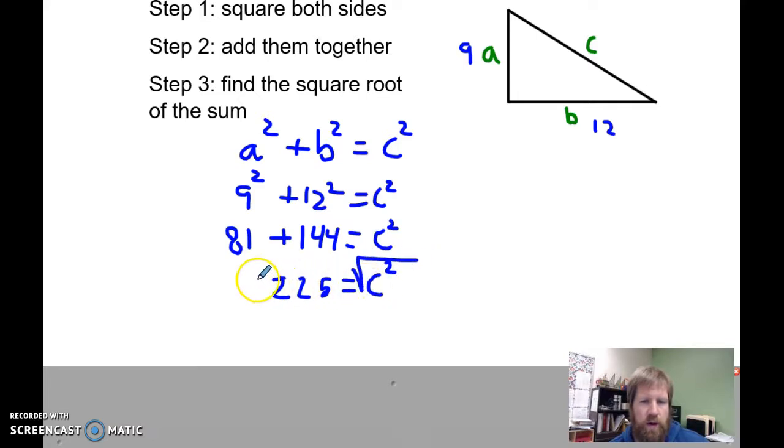So we're going to square root both sides of our equation. Because if you have a value squared inside of a square root, they just cancel each other out. So there's no more squared, no more square root. I'm left with just c. So c is equal to the square root of 225. Oh man, I'm struggling with 5s today.